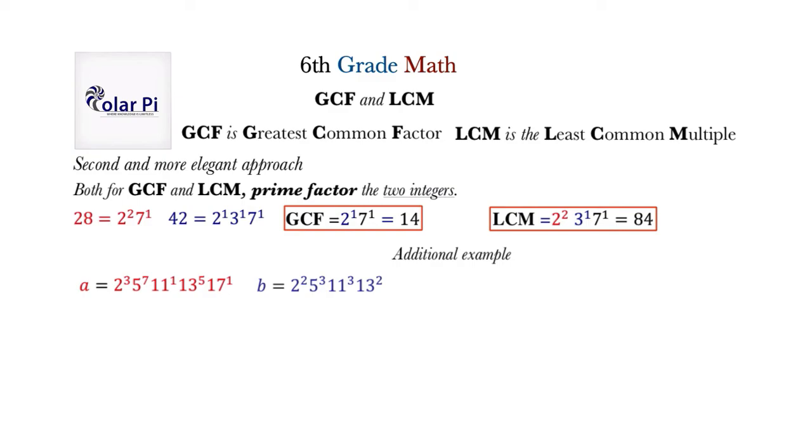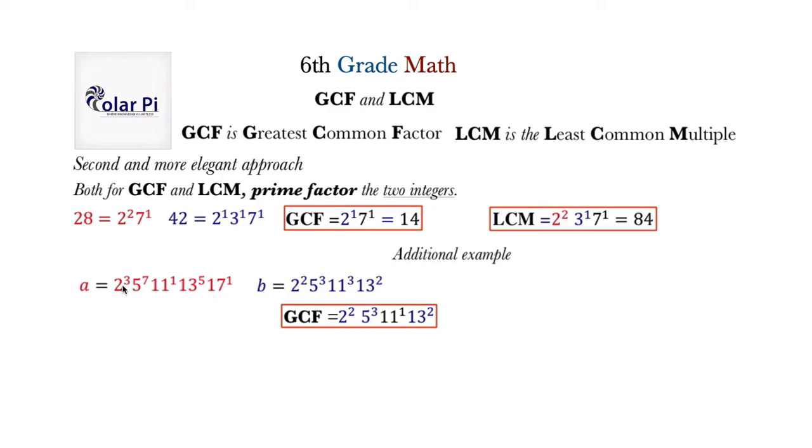Then, from what we said, it should be clear that the GCF is this, because the common primes are 2, and then 5, and then 11, and then 13. Those are the common primes, and that's what you have to look at for GCF. And then you take the smallest that both of them can afford. So they can both afford 2 to the second.